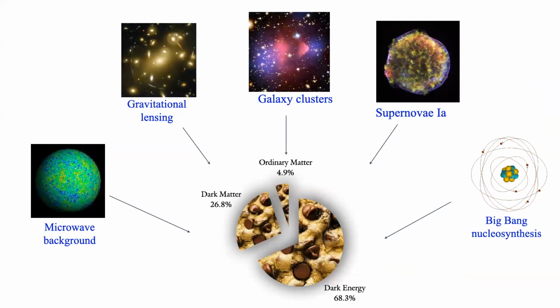When you take this wealth of evidence that you've learned about or will learn about in different lectures, and you put it all together, you get this really remarkable picture: our universe is made up of 26.8% dark matter. That makes a really interesting problem and an interesting particle for us to tackle as experimentalists.